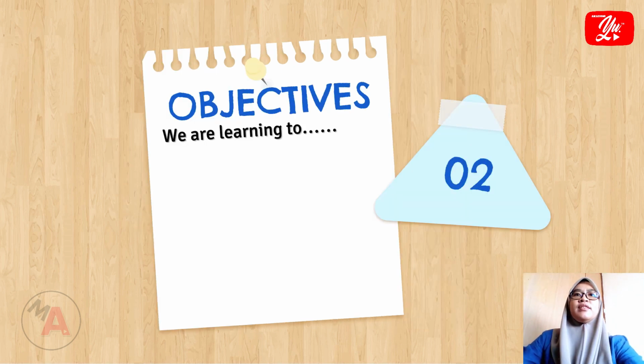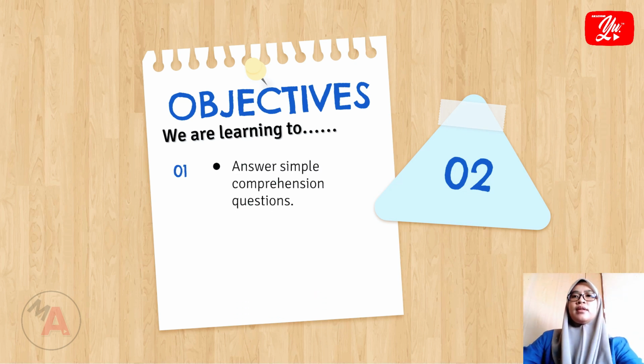Here is the objective of our lesson. Basically in this lesson, you are going to listen to a story that I will read out to you. At the end of the lesson, we are learning to answer simple comprehension questions based on the text that I'm going to read later.